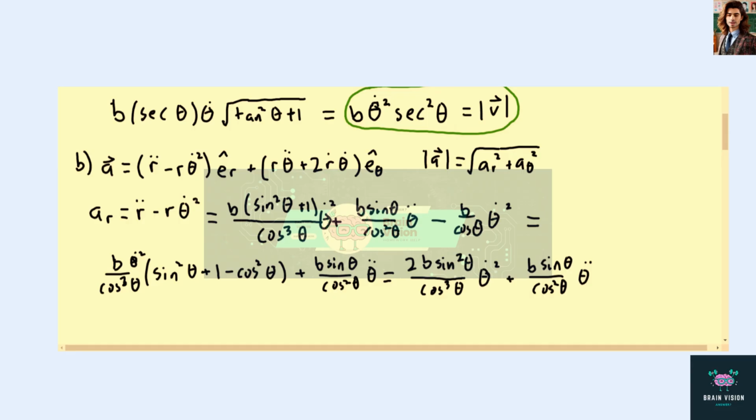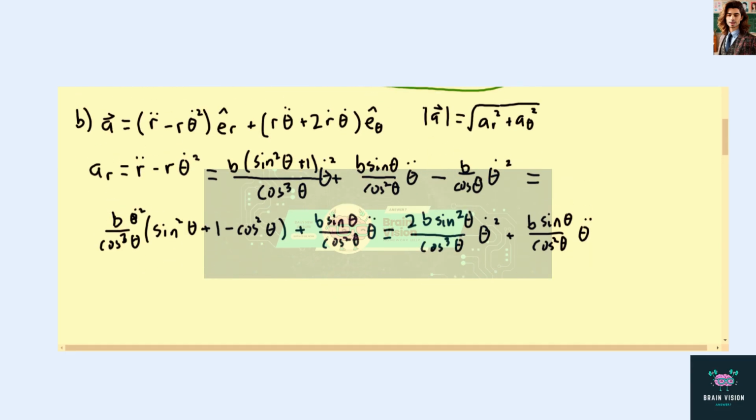Okay, so that is our a sub r, and we could leave it there, but as we'll see when we do the transverse component, we can simplify this a little bit further in a way that will be helpful.